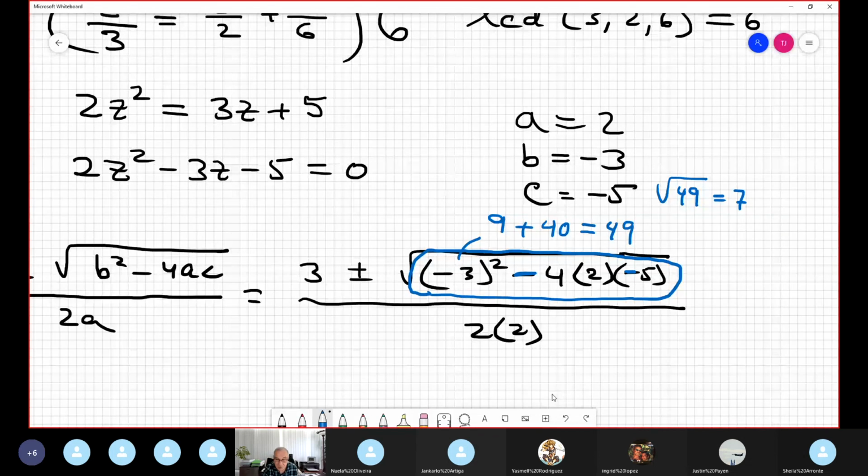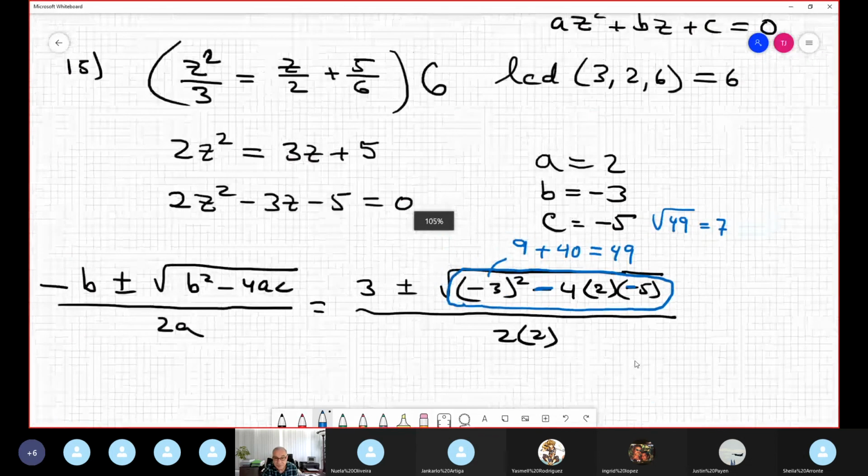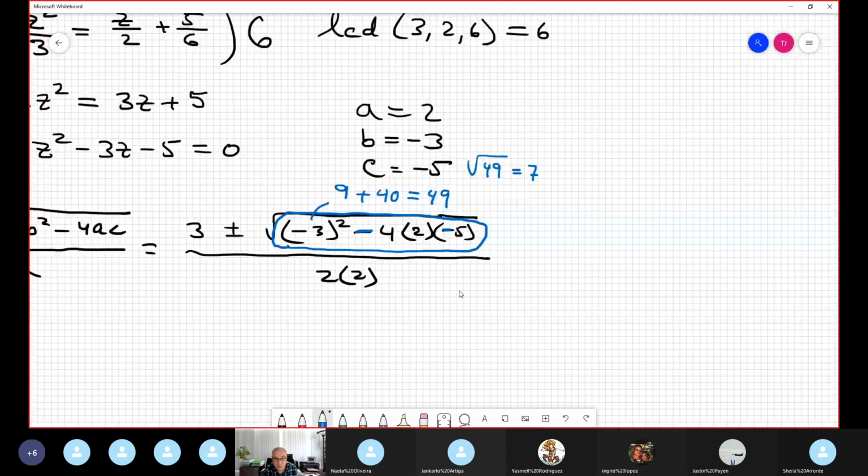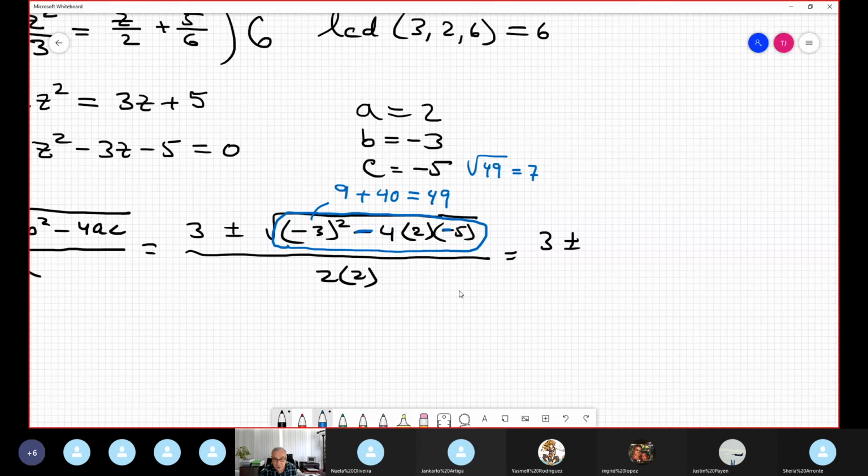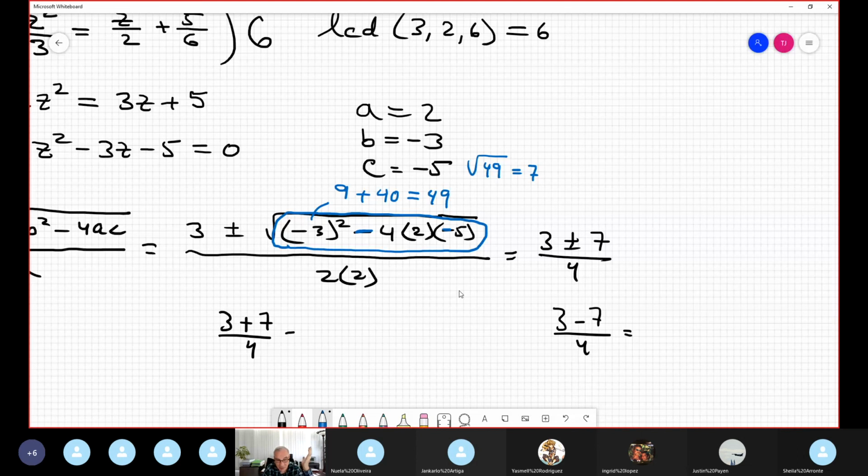So far, we have 3 plus or minus 7 divided by 4. At this moment, I like this organization so much: you separate it into 2 pieces, 3 plus 7 over 4 and 3 minus 7 over 4, because the double sign is, at least for me, hard to manipulate.